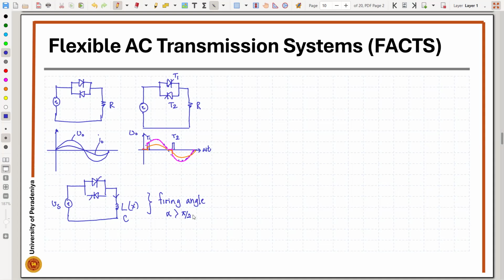So with that, we can move on to the FACTS devices. So you have the basic understanding of the thyristor and thyristor circuits. So let's look at how we can realize the FACTS devices. First I will discuss the FACTS devices that we can use with the shunt compensation, and then we will discuss the FACTS devices that we can use with the series compensation.